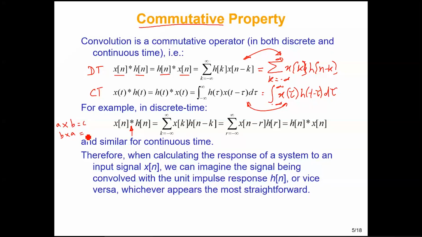If this is c, this will also be c. Any questions? Okay, so very similar to the multiplication operator, which also obeys this commutative property, the order in which we do multiplication doesn't matter. So in here also, the order in which we do convolution doesn't matter. It will give you the same result.